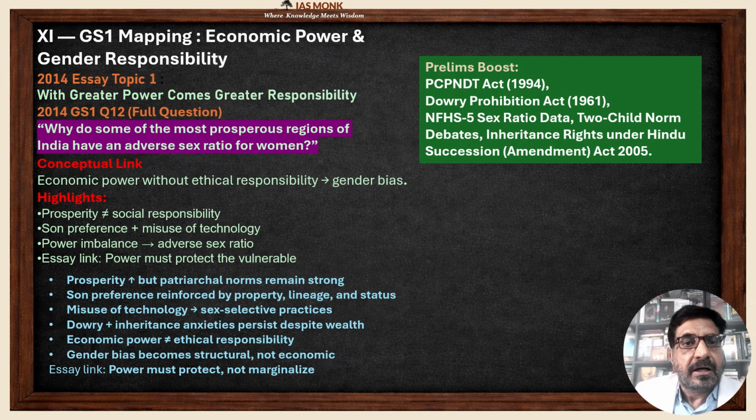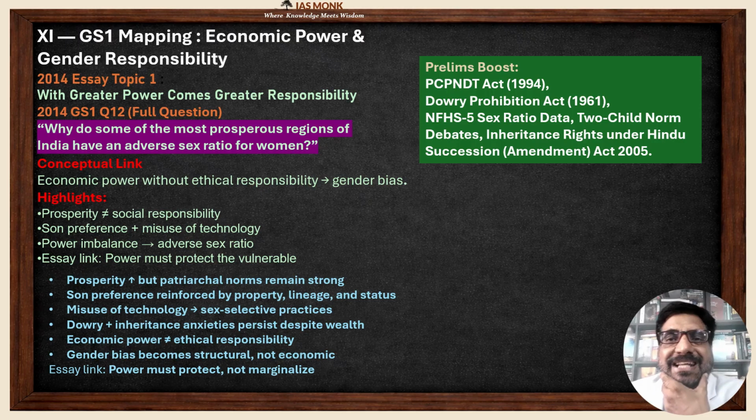Okay. Next question. Why do some of the most prosperous regions of India have an adverse sex ratio for women? Give your arguments. Again, this is also for 10 marks and 150 words. So, some of India's most prosperous regions, Punjab, Haryana, Western UP, parts of Gujarat and Maharashtra, show an adverse sex ratio because economic power has not translated into ethical responsibility.